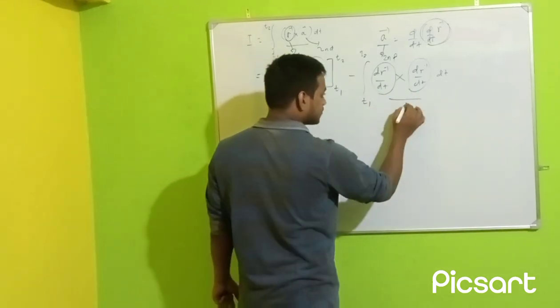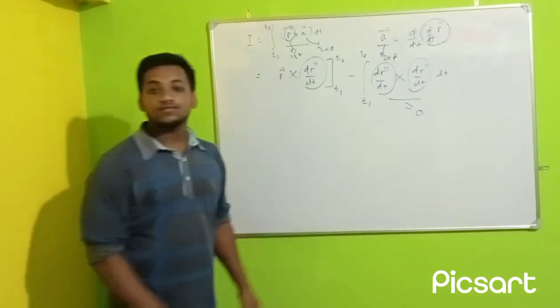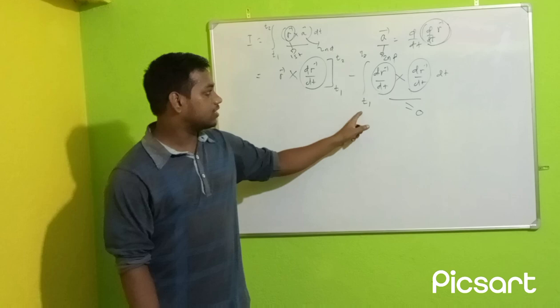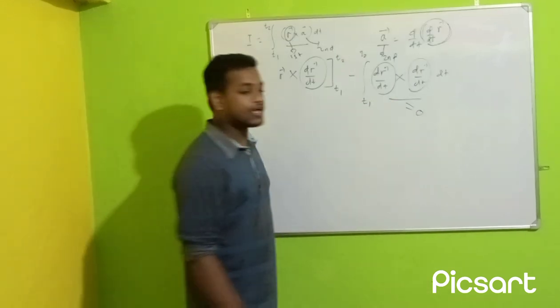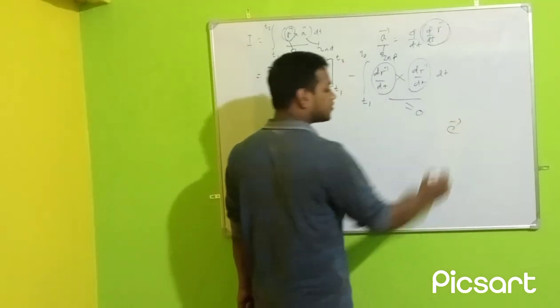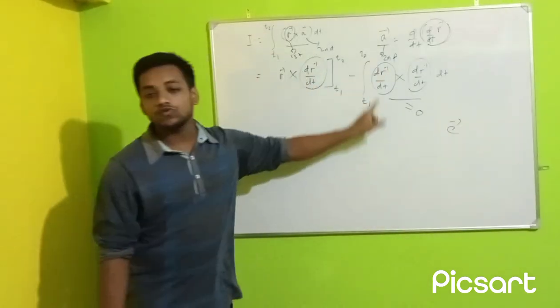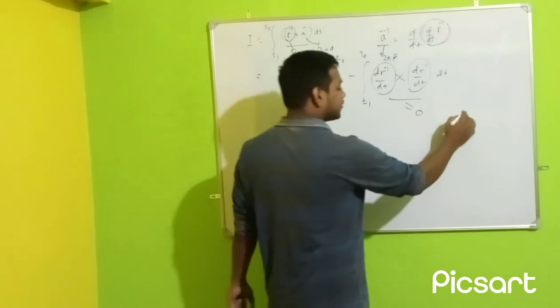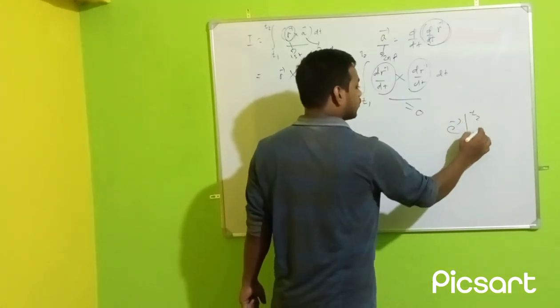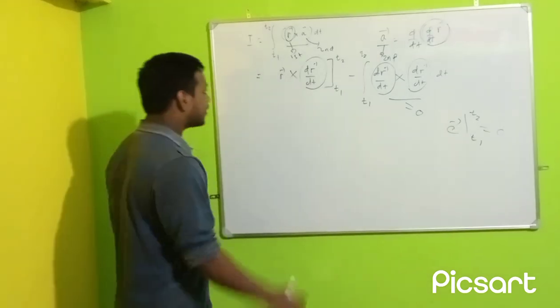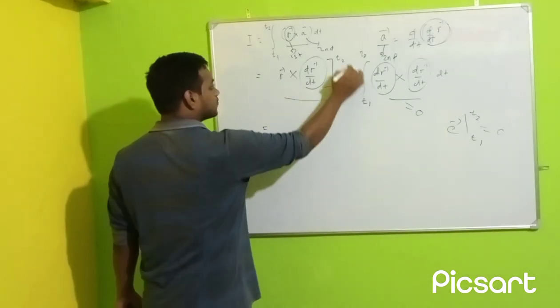That means this term becomes 0. And when the integrand is 0, obviously the integration will be a constant vector. And the constant vector, which is independent of the variables t2 as well as t1, then the limit from t1 to t2 will be 0. Then this term becomes 0 and we are having only these terms.